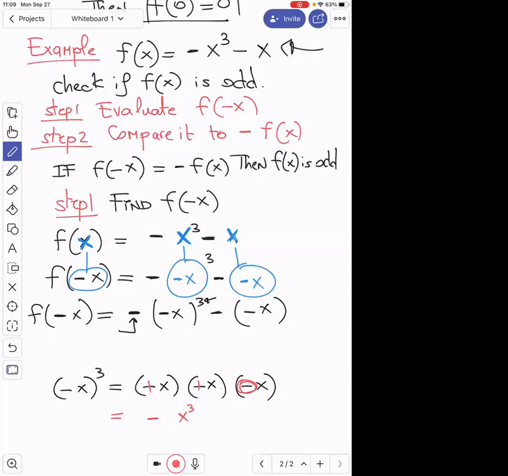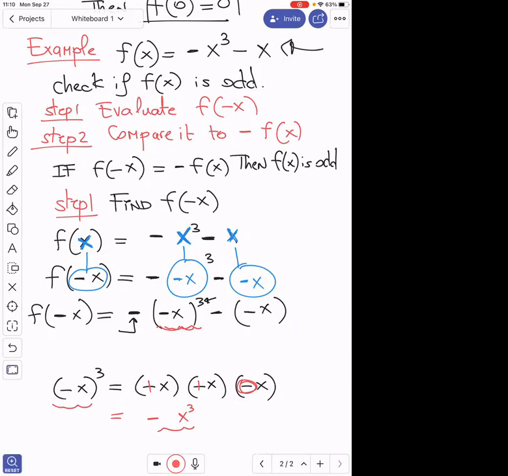Well, you may say, this is just the same thing. No, that's not, because here we have parentheses, and here there are no parentheses. So that's a huge difference, and again, it's just because of the PEMDAS rule. So this minus x cubed is just minus x cubed without the parentheses.